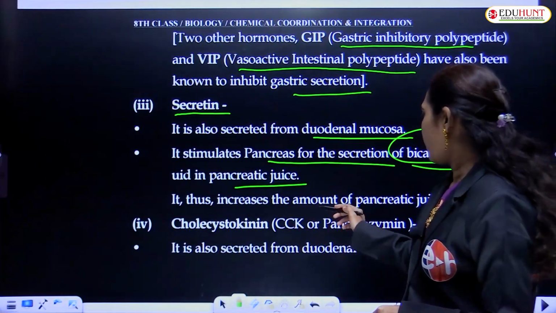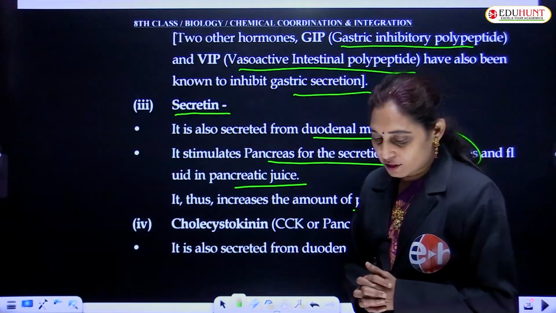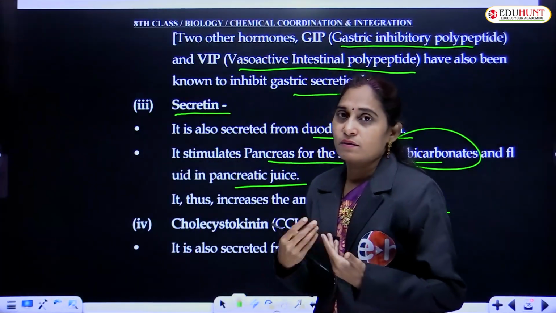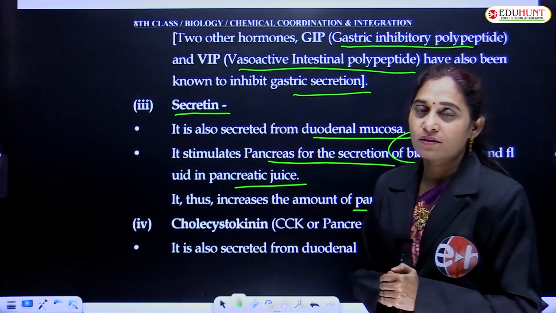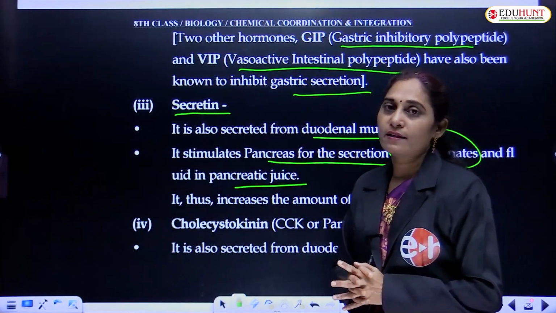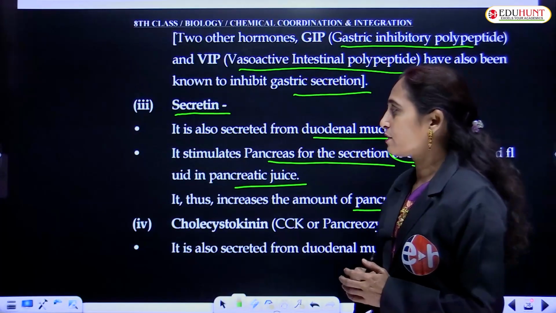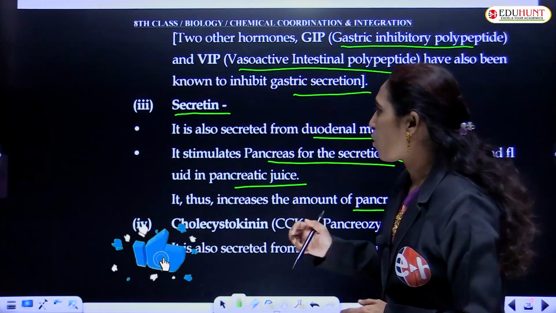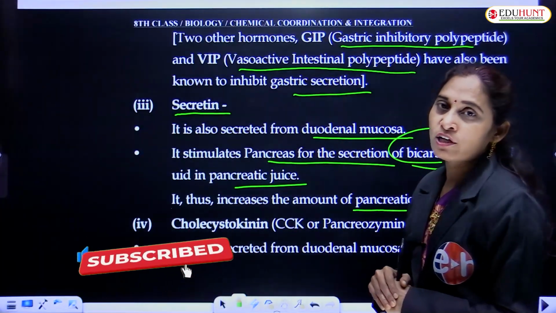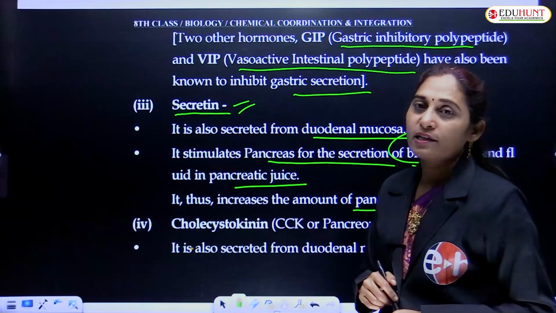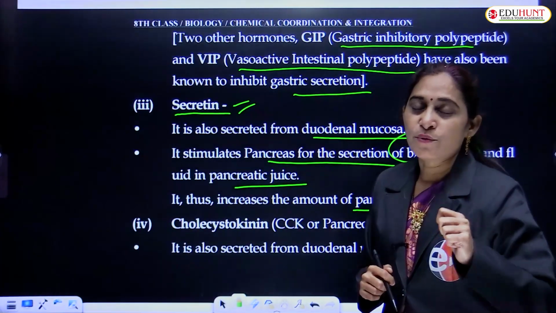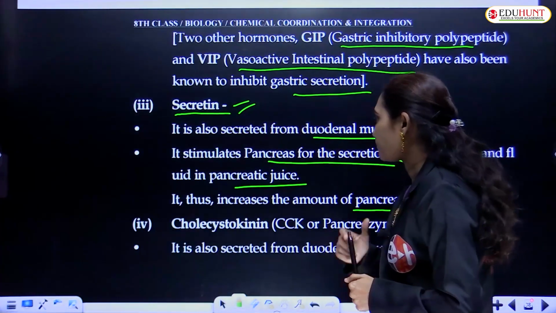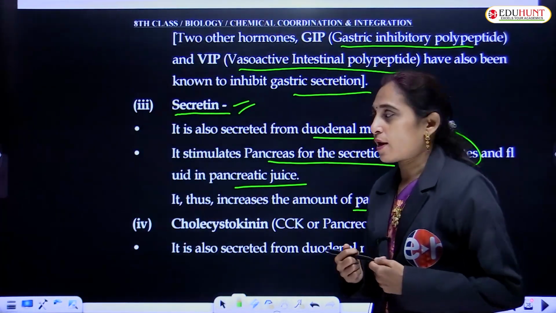The pancreas, its structure and detailed information, we will discuss in the next session. But the pancreatic juice is under the influence of secretin, the hormone secreted by the duodenal mucosa, which influences the secretion of pancreatic juice and also bicarbonate production.